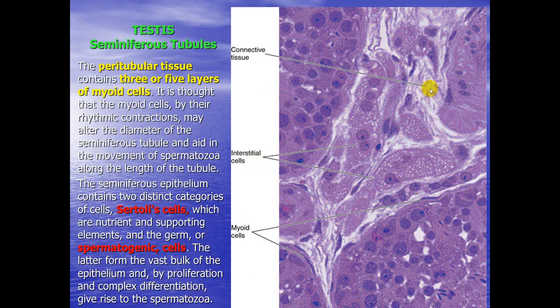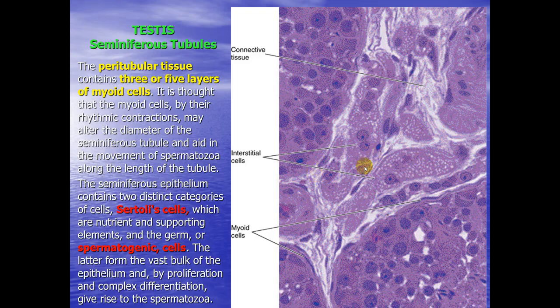Between them is the loose connective tissue, the stroma of the testis. In the wall of the seminiferous tubules, we can see these long cells with processes. These are myoid cells.